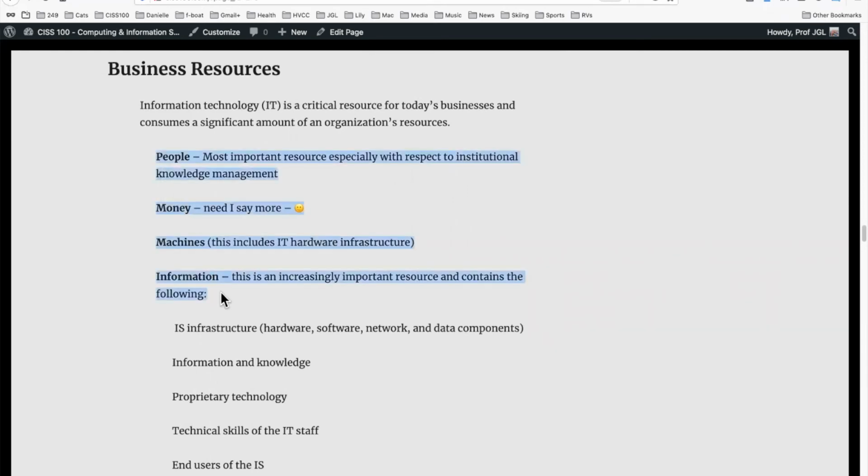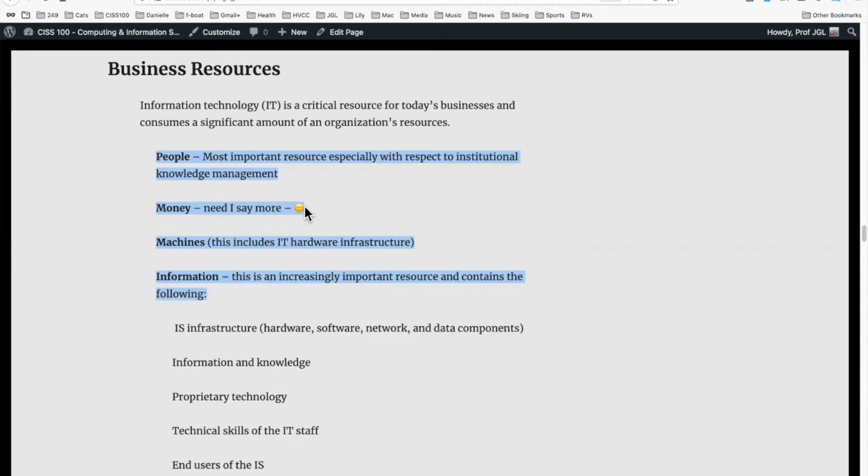We just need to recognize the 4 business resources: people, money, machines, and information. And that's in no particular order, okay? And it's changing with machine learning, but people are the most important, without a doubt. You can't run a system without a system administrator, okay? Very specific, precise knowledge, Linux Lab 9 and beyond.